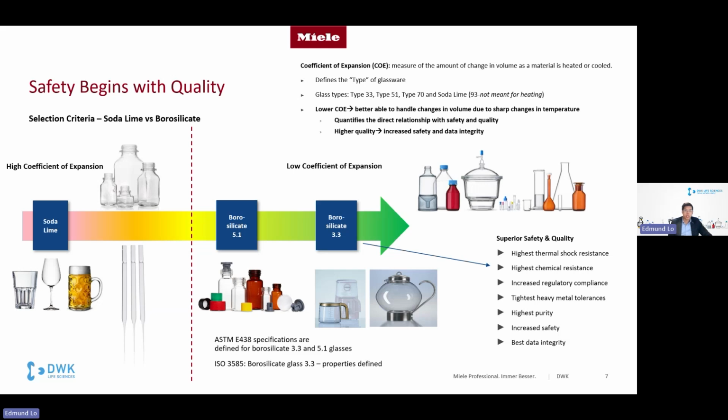A lower COE indicates better resistance to thermal stress, making the glass less prone to cracking under sudden temperature changes. For this reason, borosilicate 3.3, as seen in the right-hand side of the spectrum, is the ideal choice for ensuring safety and quality in laboratory environments, owing to the lower COE.